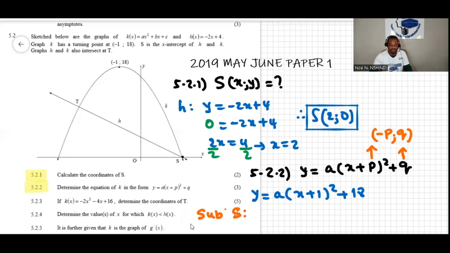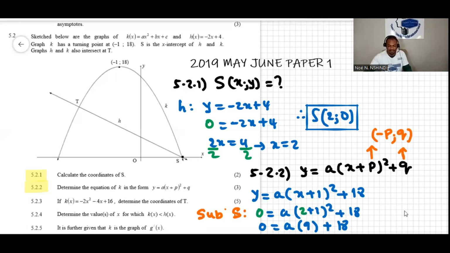The y coordinate of S is 0, and that's going to be equal to a times (the x coordinate of S, which is 2, plus 1) to the power of 2 plus 18. So this will be 0 equal to a times (2 plus 1 is 3) to the power of 2, which is 9, plus 18.